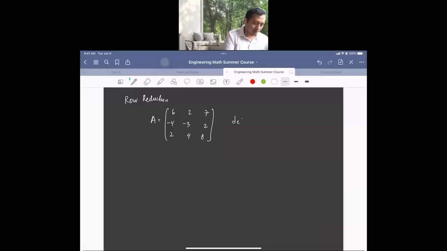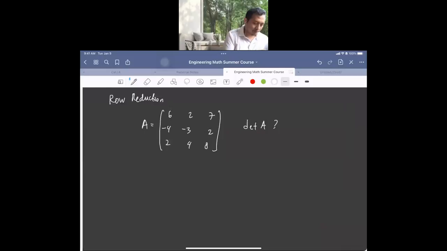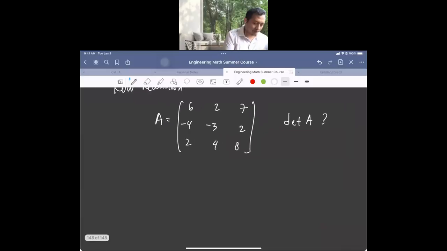We want to calculate the determinant of A, or maybe let me write this with a question mark. We can write it using row operations, reduce into triangular form, and then easily calculate with the diagonal.